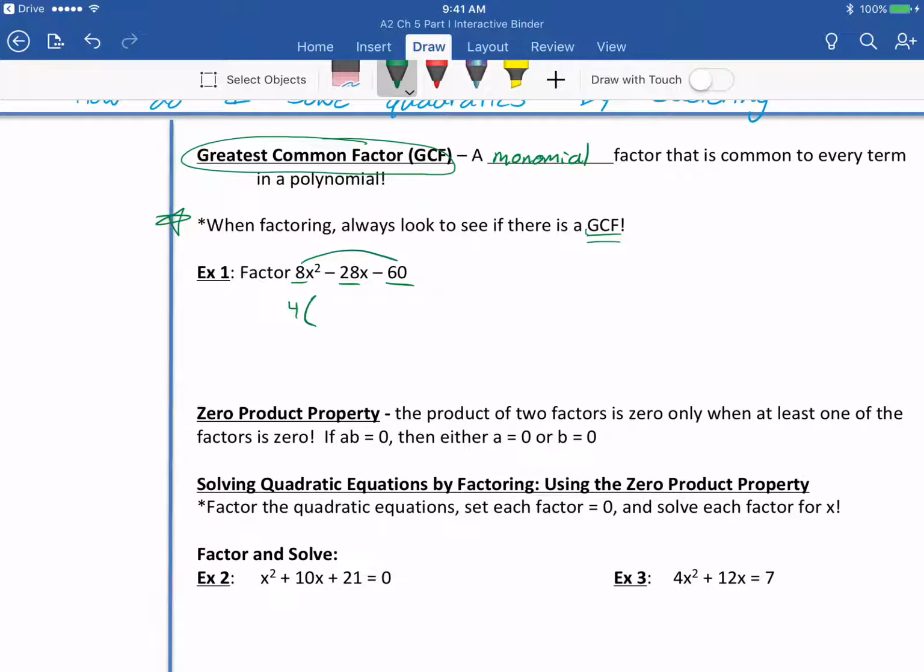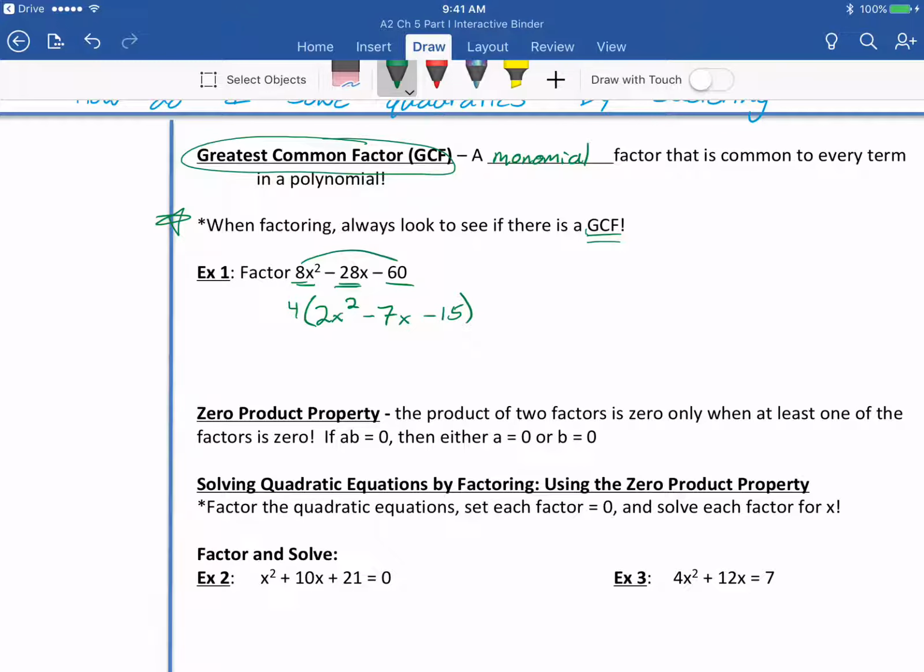If I factor a 4 out of 8x squared, I'm going to have 2x squared left. If I factor a 4 out of negative 28x, I'm going to have negative 7x left. And here I'm going to have negative 15. Okay, so I factored that 4 out first. I have to do that every single time first.